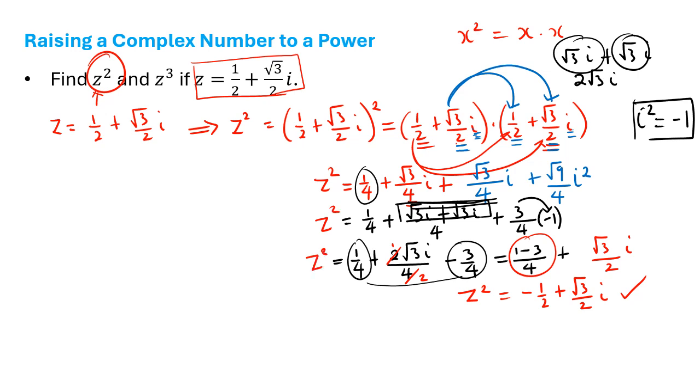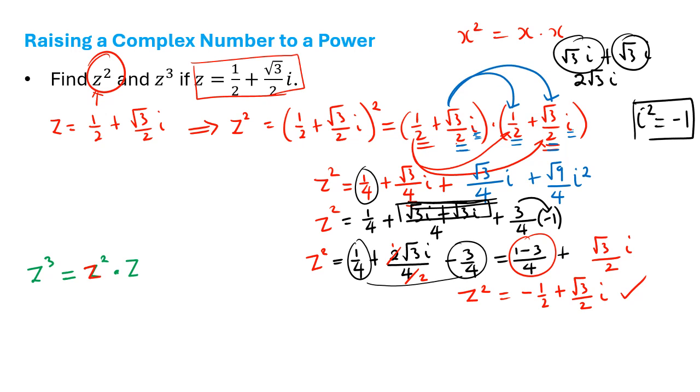So the second part here is to now multiply this result, okay, by another z. So let's look at z to the third again. Let me do green now. So z to the third power will be what you got for z squared, okay, times another z, because z to the third power means z squared times z, okay?